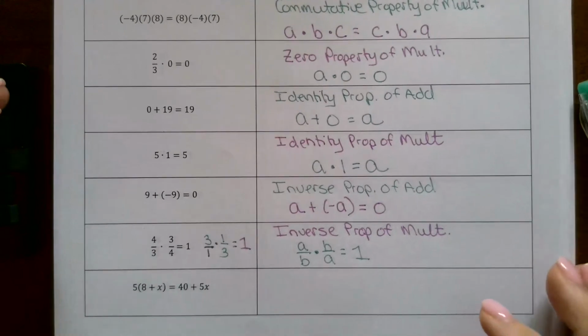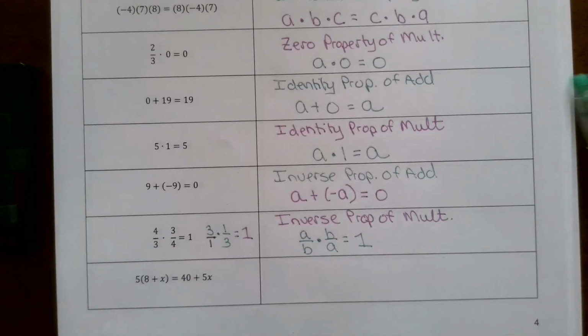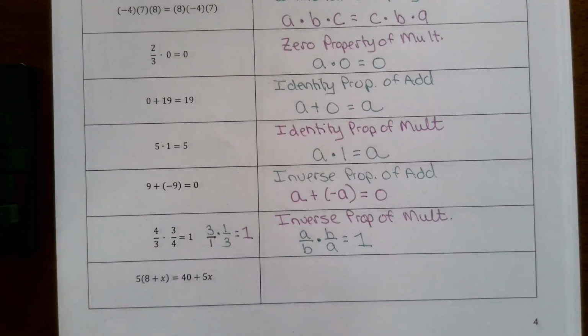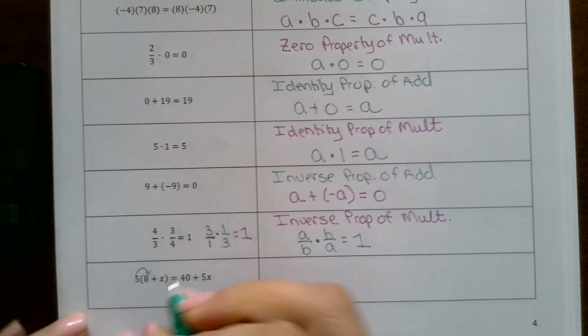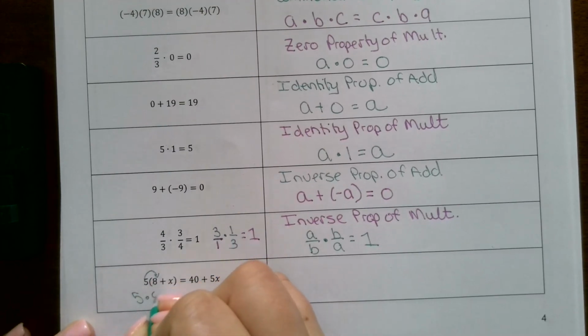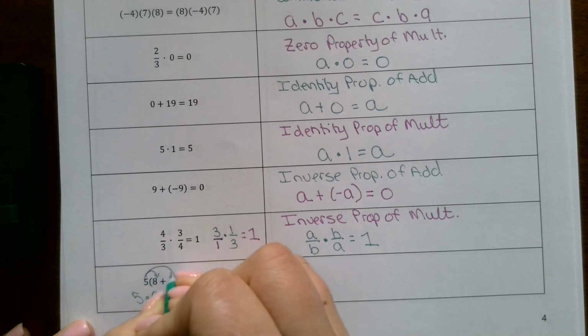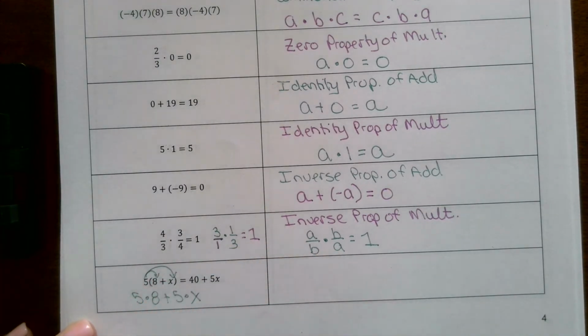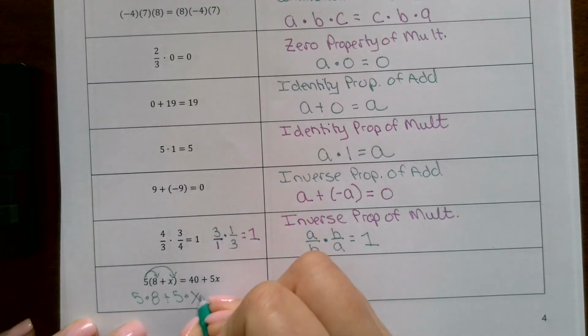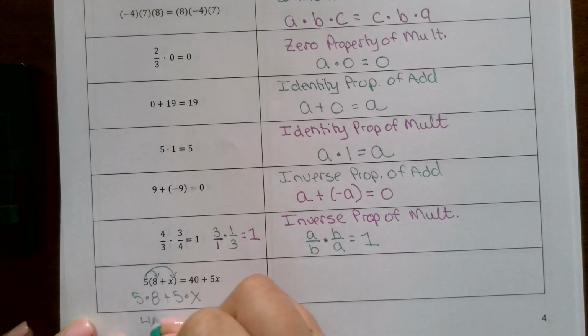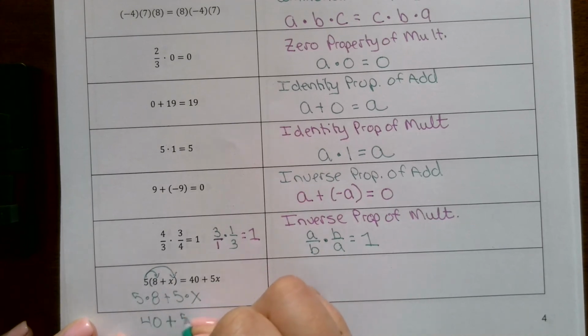Final property in this video is the distributive property. I can distribute over addition and subtraction. This is the same as 5 times 8 plus 5 times x. I distribute the 5 into the parentheses, and that in turn equals 40 plus 5x.